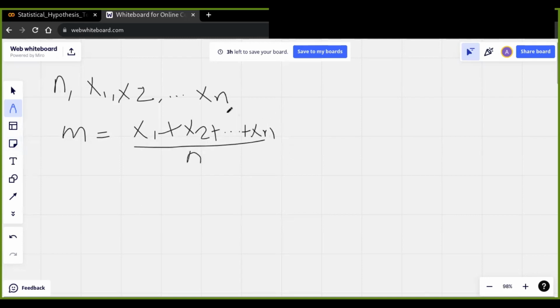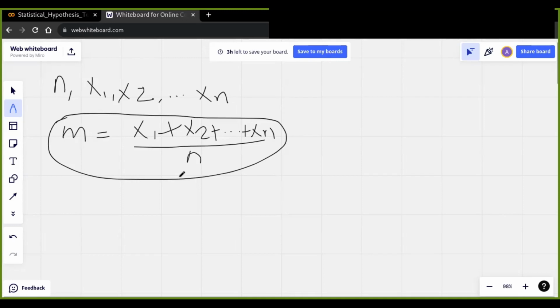So here is the formula, or the mathematical representation, of calculating the mean from your data set. You sum up all values of the data set and divide by the total number of elements in your data set.